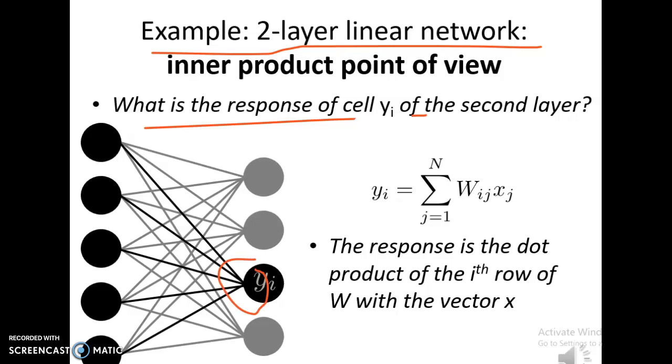yi equals the summation over j from 1 to n of Wij times xj. Wij means how much strength is multiplied with the xj value. The response is the dot product of the ith row of W with the vector x.